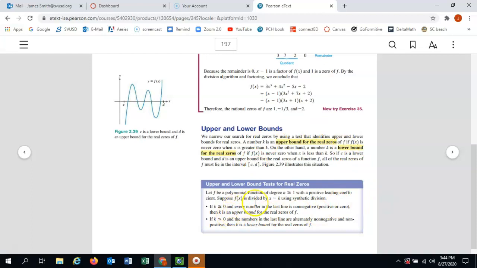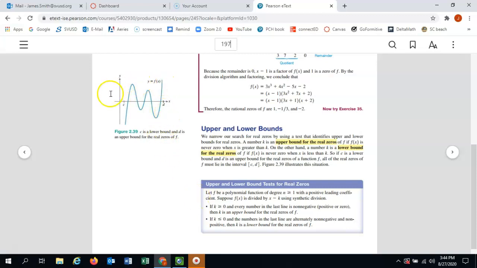So when you do your synthetic division, the number that you put in the box is this k value. So that's what this represents. If my factor is x minus k, then we put positive k in the box. And if your k is positive, when you do your synthetic division, if every number on the bottom line is either positive or 0, then the number that you had in the box represents an upper boundary for the zeros of the graph.